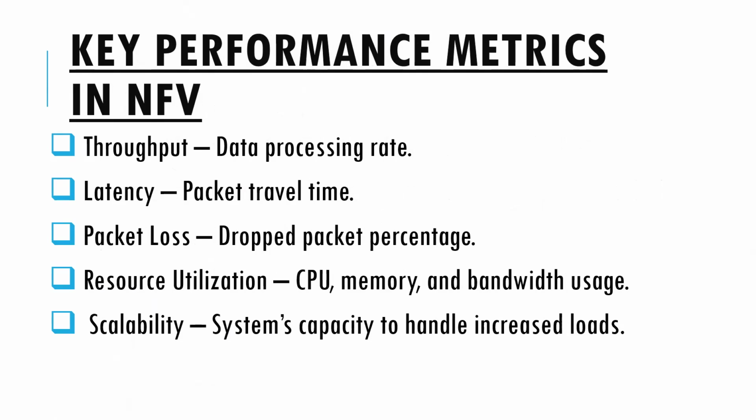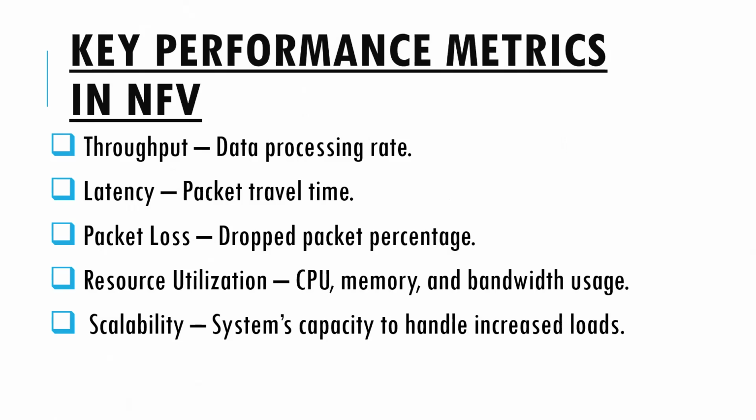Throughput means how fast data can move from one system to another. Latency means the time a packet requires to go from source to destination. Packet loss is the percentage of packets lost during transmission. That should always be low, because if it becomes higher, the information we want to transfer will not go through effectively.